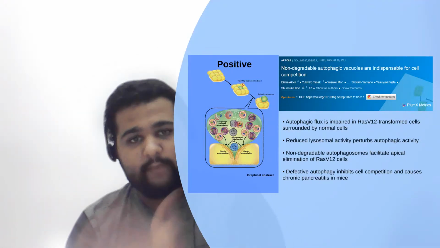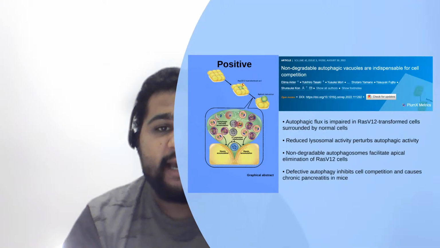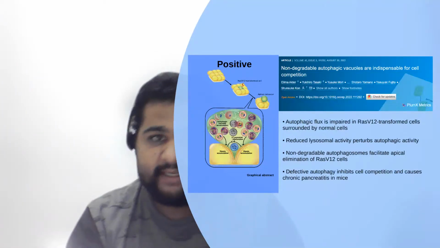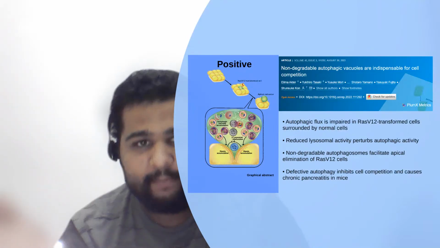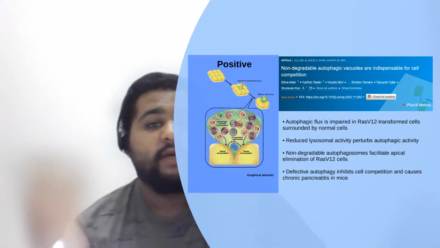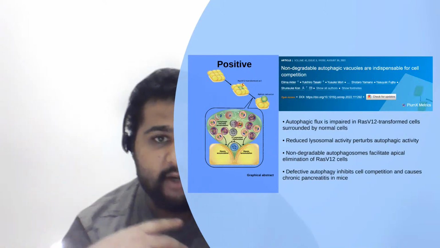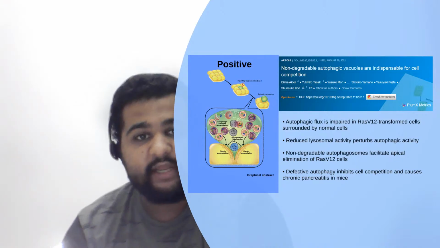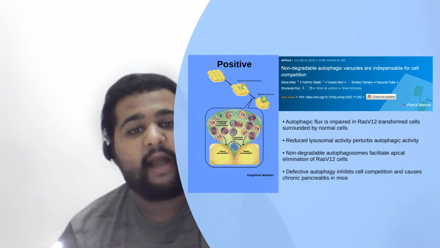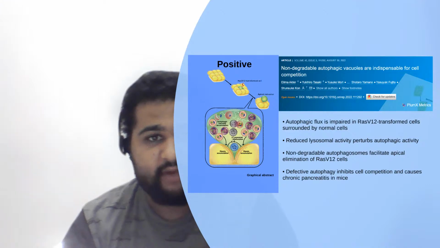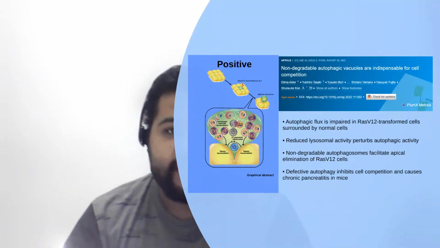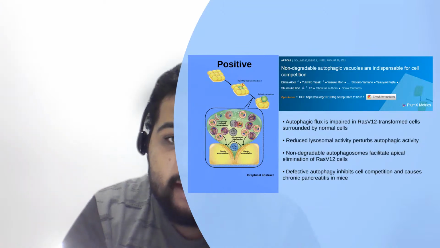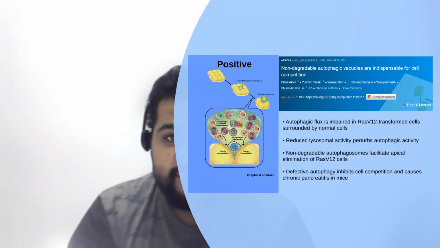What they did was they took mice, and in those mice, they impaired the RAS V12 transformed cells. The impaired RAS V12 transformed cells were surrounded by normal cells. What happens is reduced lysosomal activity, and reduced lysosomal activity unsettled autophagic activity. Now, when the autophagic activity is unsettled, non-degradable autophagosomes facilitated apical elimination of RAS V12 cells.